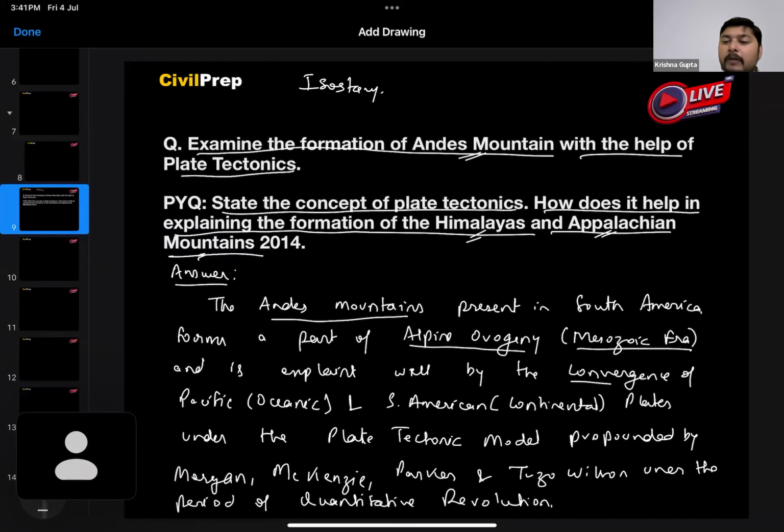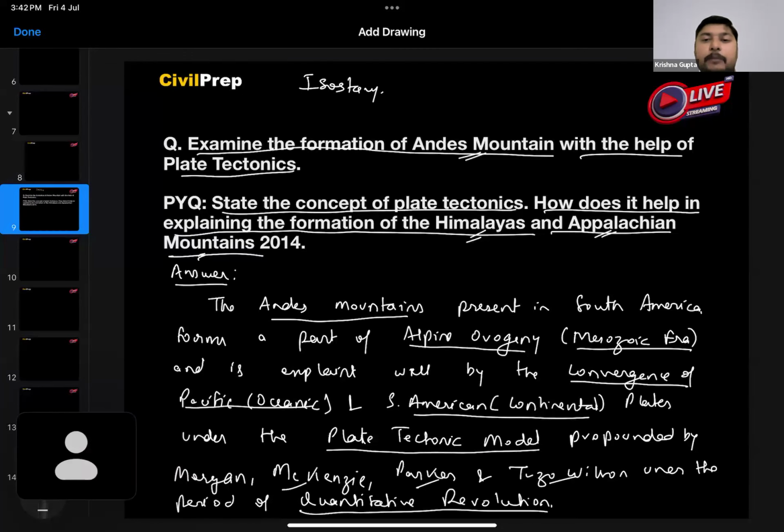We are talking about the convergence of oceanic and continental plates, that is Pacific and South American plates, under the plate tectonic model, the theorists who have propounded this model, and under which paradigm this development of the theory has taken place, and the explanation of the formation of mountain.